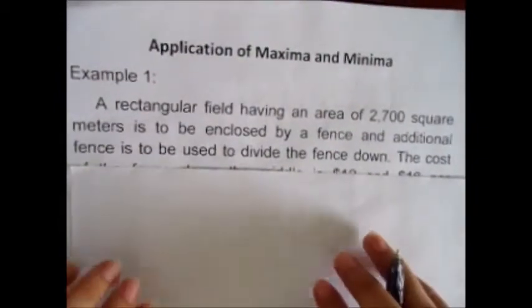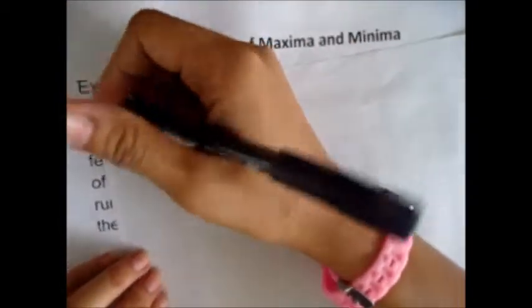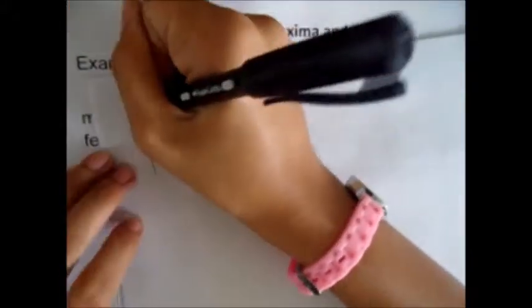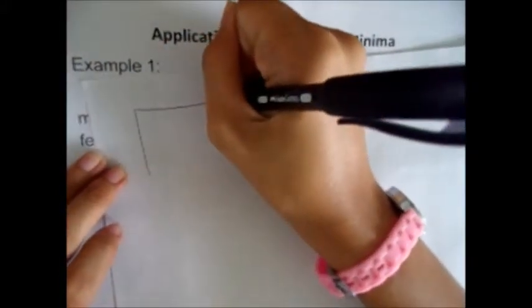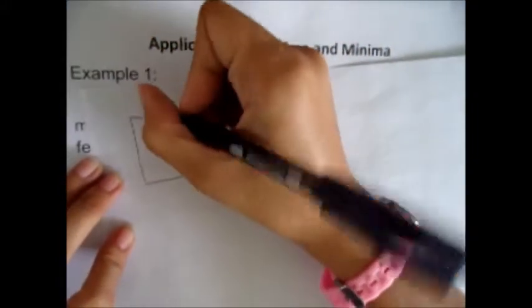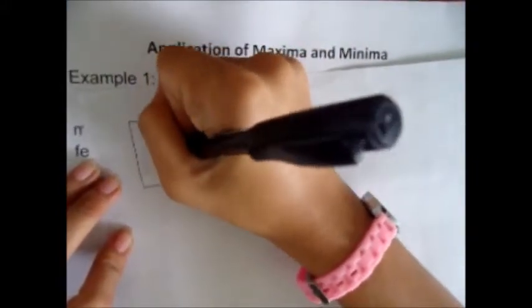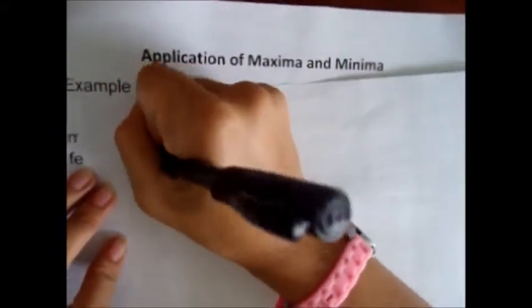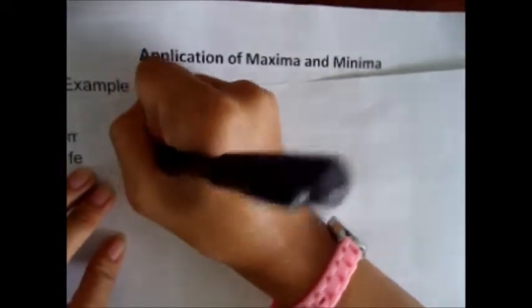We will draw the illustration of the problem that says there is an additional fence that divides the rectangular field. The cost of the longer side is 12x, then the dimension is 18x, and this is 18y.